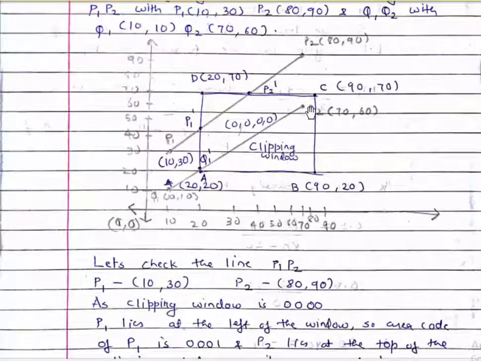Now Q2 lies inside the clipping window. So the area code will be 0000. So the line partially lies inside the clipping window, as we can perform the AND operation over here below.